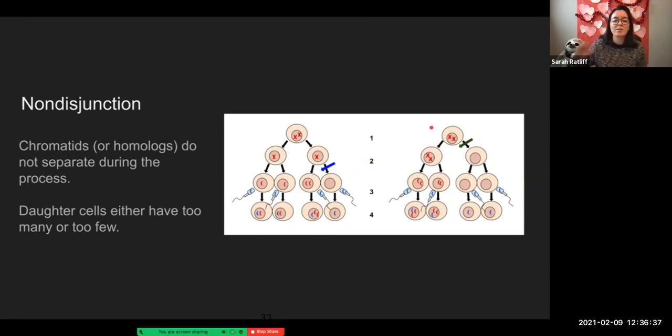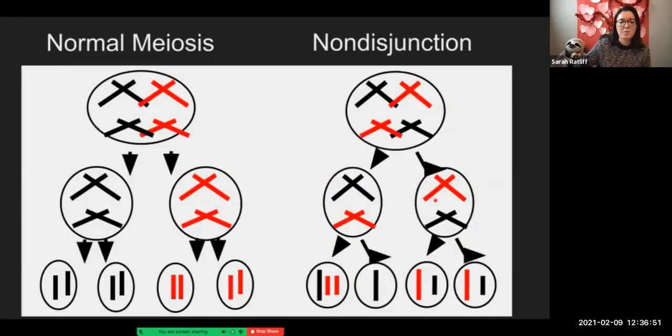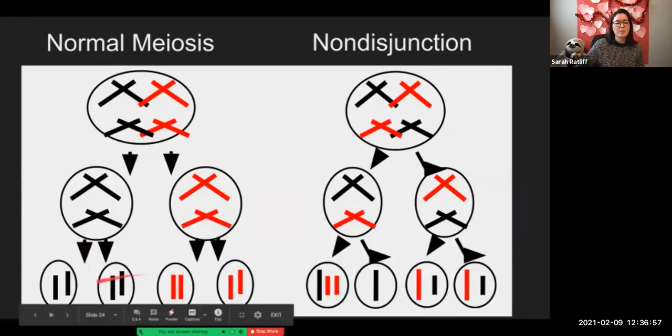It can also happen in meiosis 1 during the first part, where they don't get separated correctly. Then one side is left with nothing from one of the parents, and it has too many on the other side. Here's a better look at it. Normal meiosis, we're going to get good equal separation, and end up with the correct number of chromosomes in our ending haploid cells.